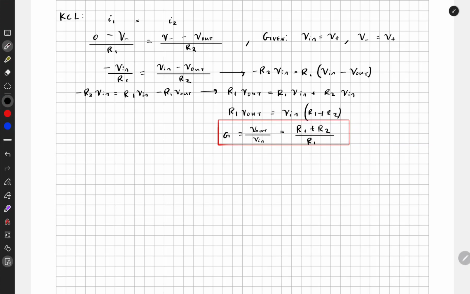Now one thing that is interesting, if we solve for V out, is that V out is equal to V in multiplied by the gain. Actually, I will just write this. What is interesting here is that you may notice that this closely resembles a voltage divider.